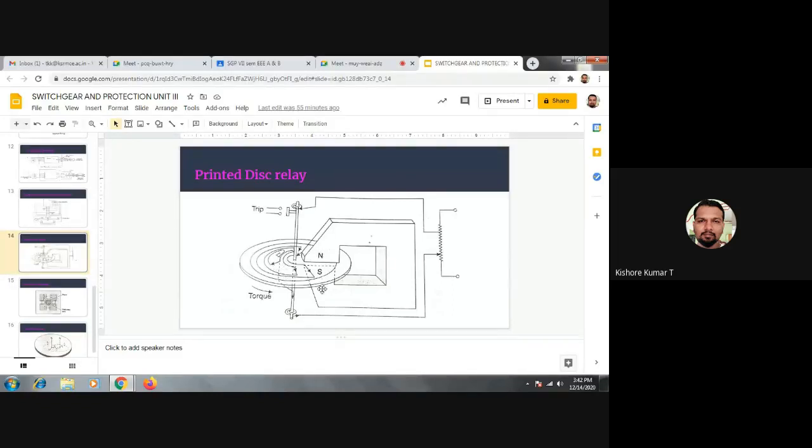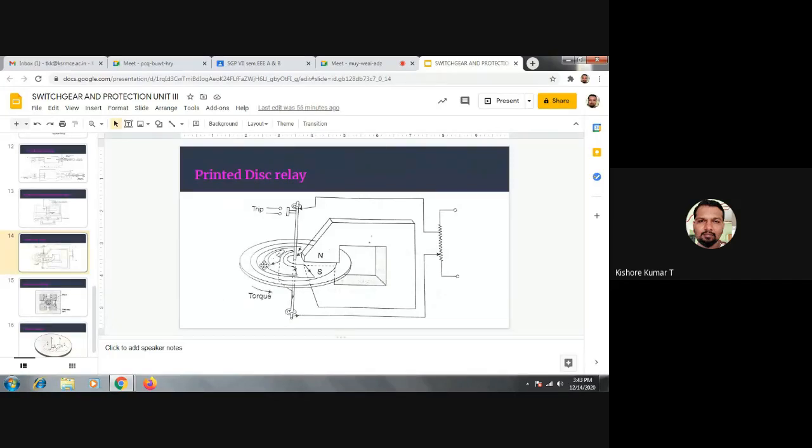So this is a permanent magnet and there is a current. Whenever a current carrying conductor is placed in a magnetic field, what happens? Force acts on the conductor, motor principle. Force acts on the conductor, due to which the conductor tends to rotate.